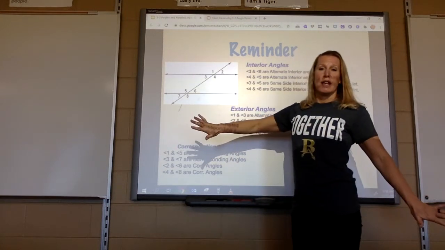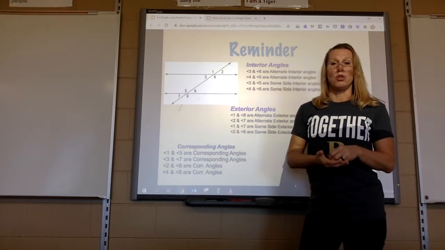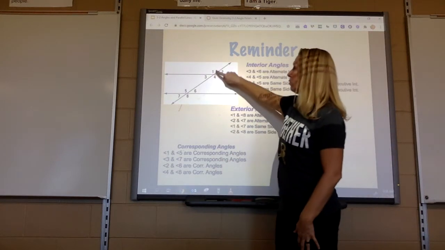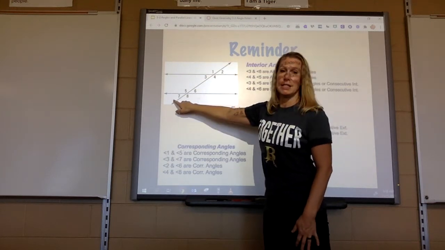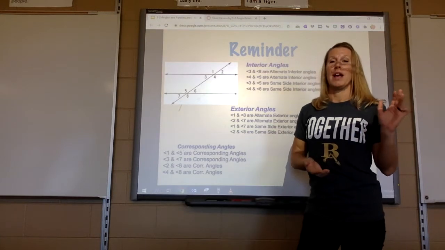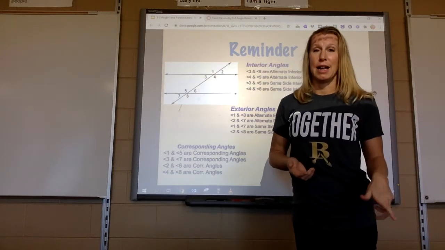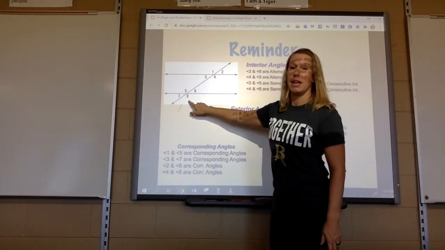We've got our angles on the exterior, like 1, 2, 7, and 8. So alternate exterior angles would be like 1 and 8, 2 and 7. Those are alternate exterior angles. We have our same side exterior angles, like 1 and 7, and 2 and 8.